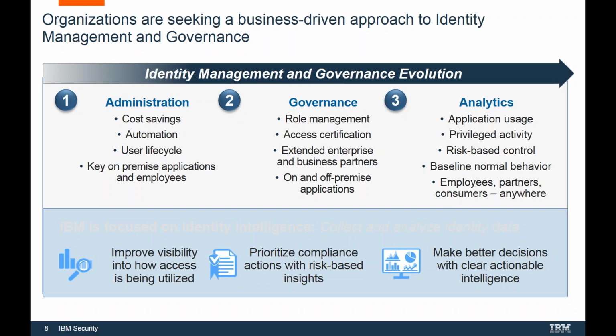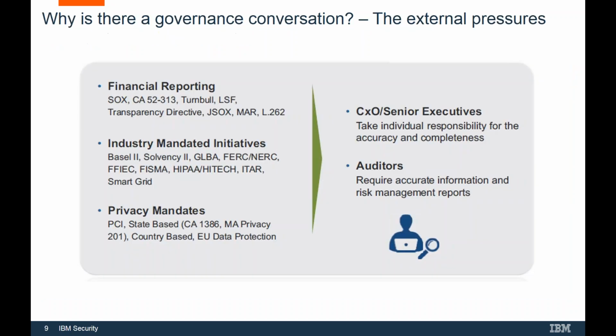And we're evolving into an analytical space where we combine what individuals should have access to, monitoring and regularly attesting to that access through the governance components, with what they are actually truly doing, and rolling those all into an analytical data intelligence model where we can compare what they should be doing with what they are doing, find where the anomalies are, and alert and make modifications accordingly. So that's the flow of identity and access management.